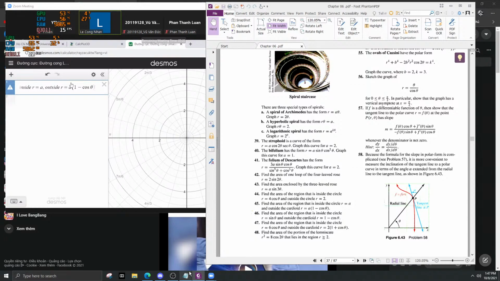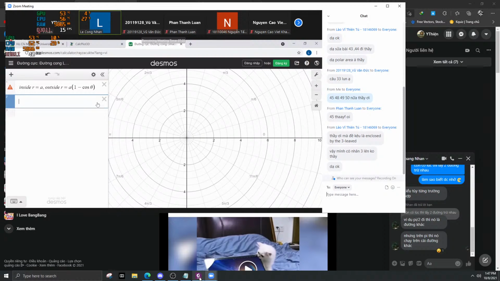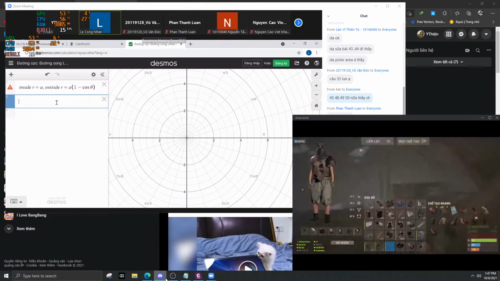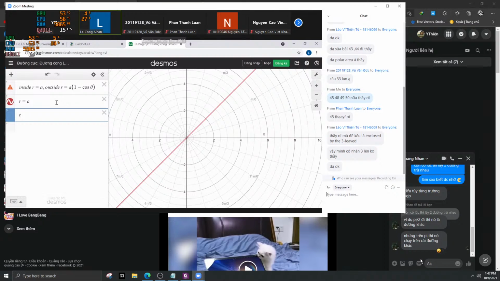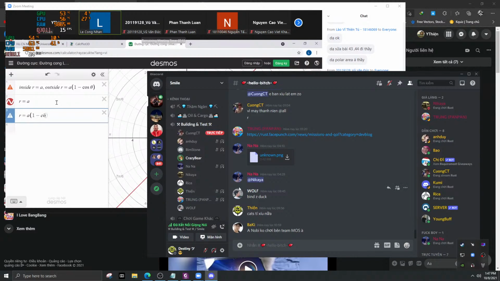Okay. Now, first I will sketch the circle r equals a and the cardioid r equals a times 1 minus the cosine of theta. Okay.